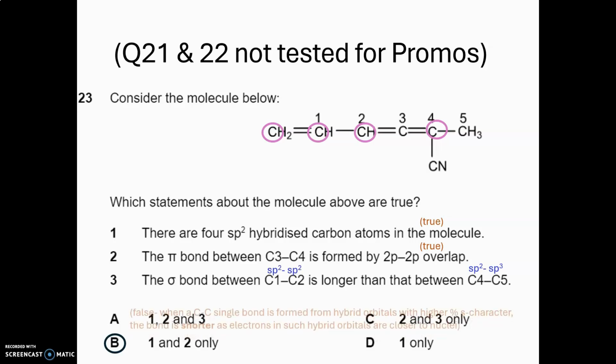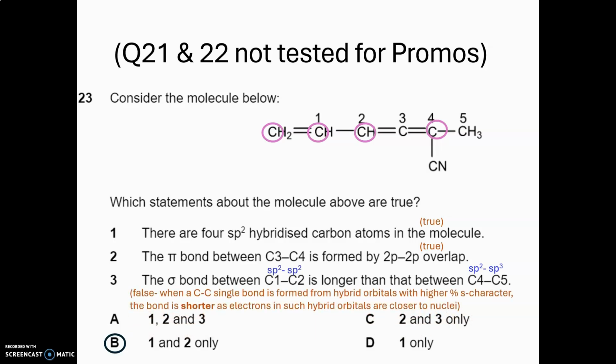So what you need to recall is that when a C-C single bond is formed from hybrid orbitals with a higher percent of s character, so for example, sp3 hybrid orbitals have 25% s character, sp2 has 33% s character, sp has 50% s character, it makes the bond shorter, because electrons in a hybrid orbital with higher percent of s character will be closer to the nucleus, which makes it feel the attraction of the nucleus more strongly.